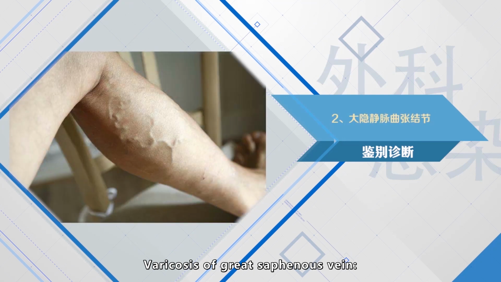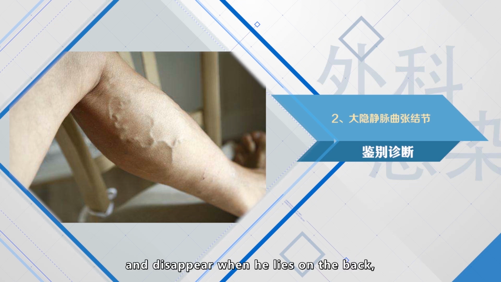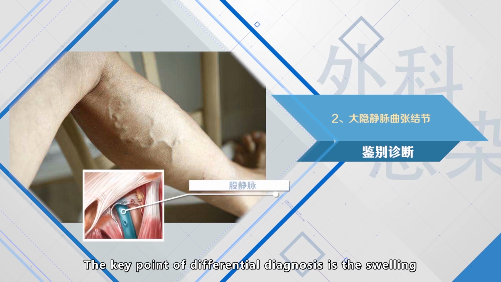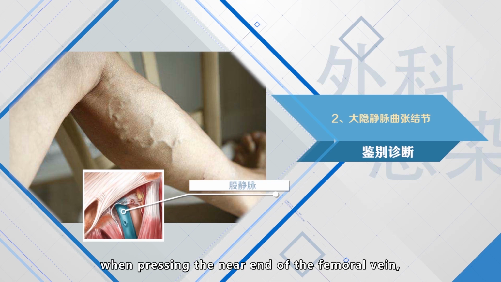Varicosis of the great saphenous vein. If the lump can be enlarged when the patient stands or coughs and disappears when he lies on the back, it may be mistakenly taken as a reducible femoral hernia. The key point of differential diagnosis is the swelling and enlargement of the saphenous varix of the great saphenous vein when pressing the near end of the femoral vein, and it is not the case for femoral hernia.